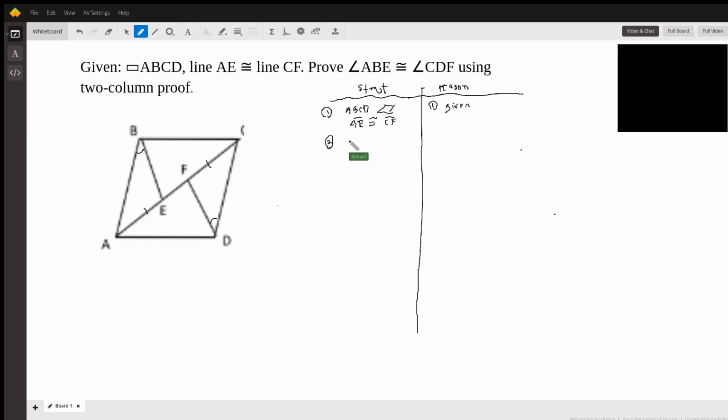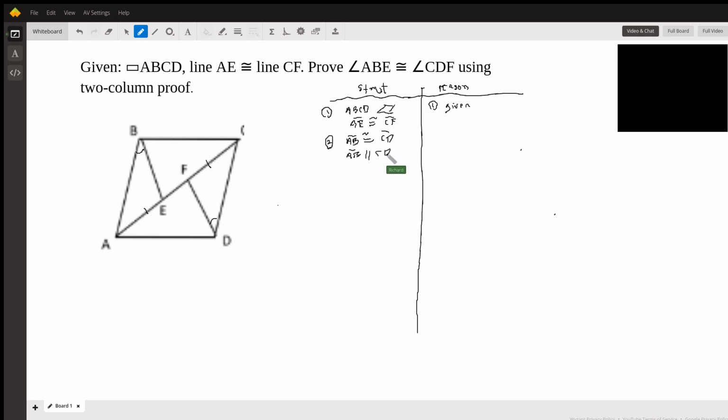We know that AB is congruent to CD, and that is a property of the parallelogram. And we also know that AB is parallel to CD.